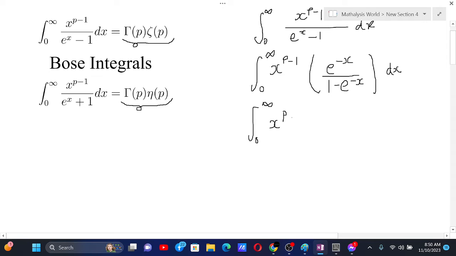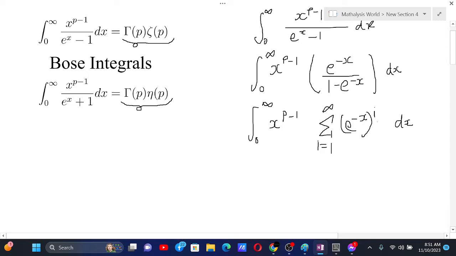Since r is less than 1, this can be written as an infinite sum. And we have the sum from i equals 1 to infinity of e to the power minus x to the power i, and then dx.